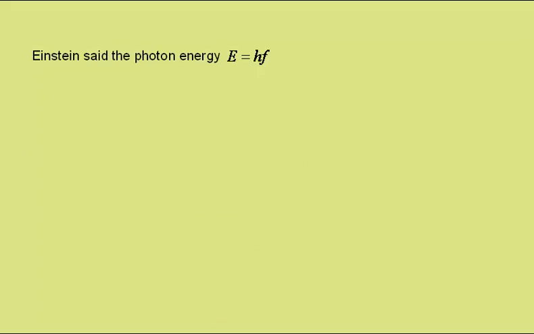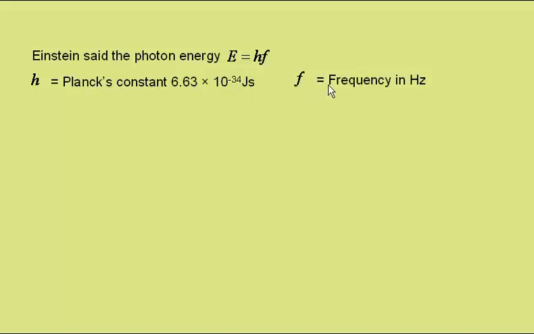Einstein said that the photon energy E is equal to h times f, where h is Planck's constant, the tiny number of 6.63 times 10 to the minus 34 joule seconds. f is the frequency of the radiation in hertz.